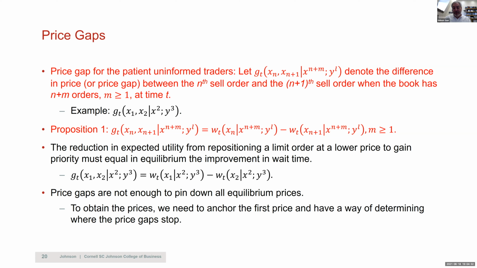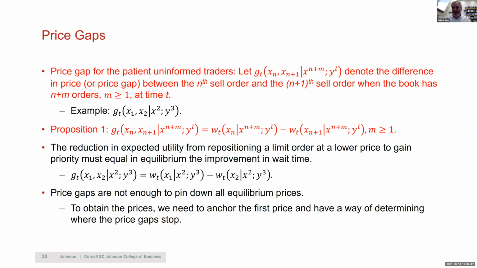Now, I can respond, right? I can cancel my order and resubmit it at a lower price, undercutting Venki, and then I'll have priority again. But Venki knows that. He's very smart.